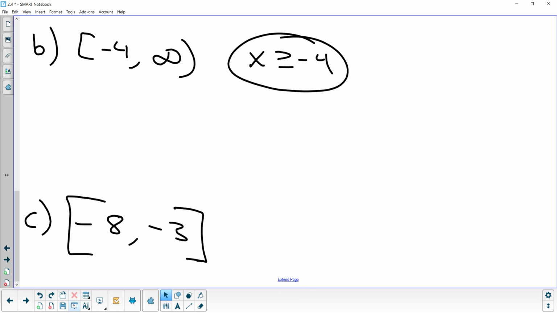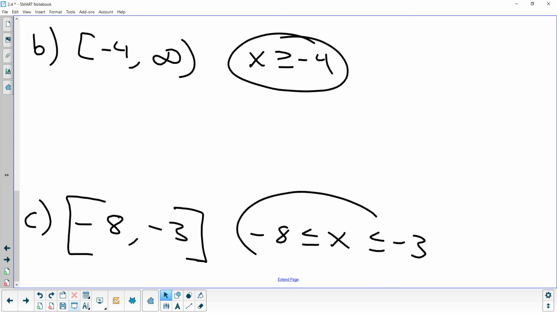How would we describe the numbers that you're allowed to pick as an inequality here? Tyler? -8 is less than or equal to x, which is less than or equal to -3. Good. Perfect.